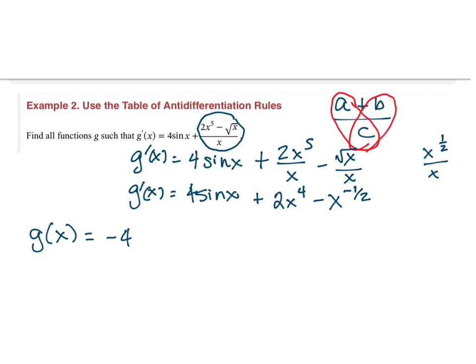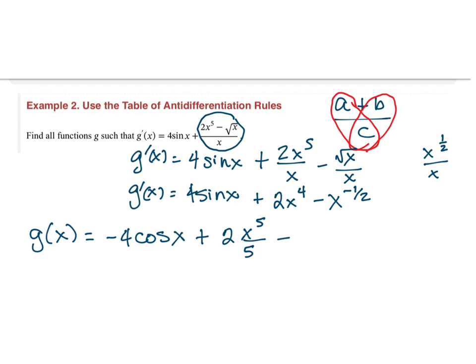Brooks, hold on to that, we're gonna need that in just a minute when we get to the end. Okay, plus 2 times the antiderivative of x to the 4th, which is going to be 2x to the 5th over 5. Everybody seeing how we got that number? Okay.